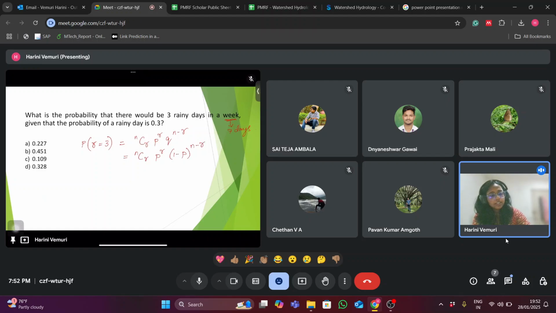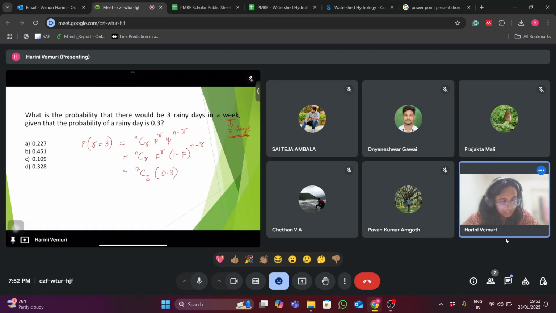Here r is 3 and the total number of trials n is 7, since we have 7 days in a week. So n is 7, C 3, and the probability of a rainy day is 0.3.